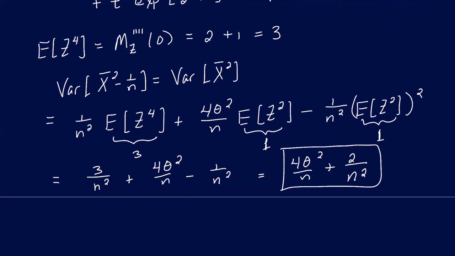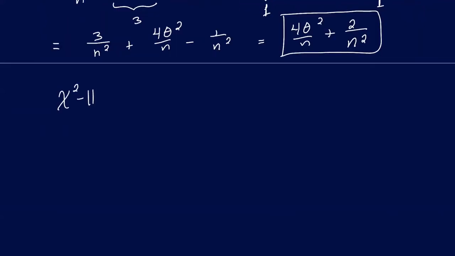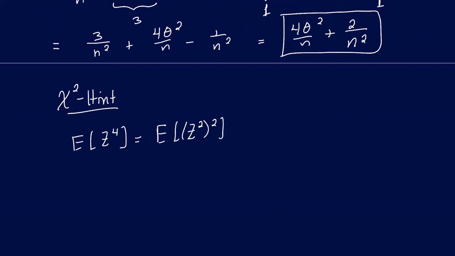So what about that chi-squared hint? I would still approach most of this problem the same way, but you can use the chi-squared hint to avoid looking at those moment generating functions. The expected value of z to the 4th is the expected value of z squared squared, and a standard normal squared has a chi-squared 1 distribution.